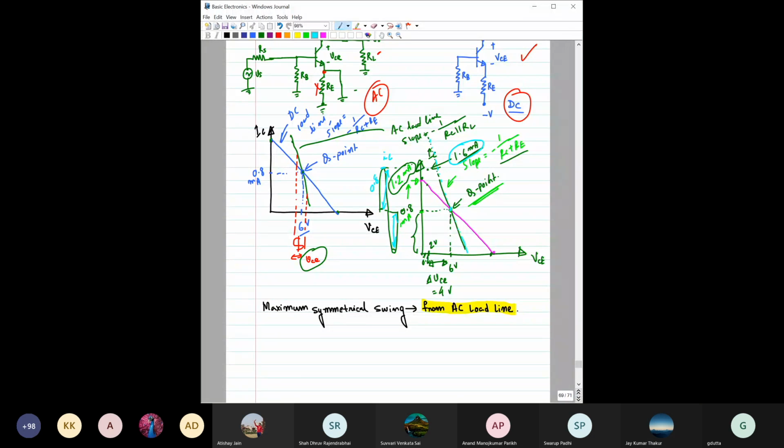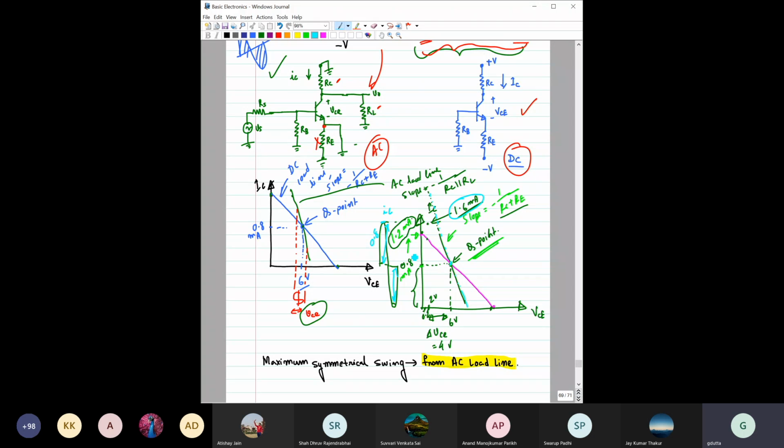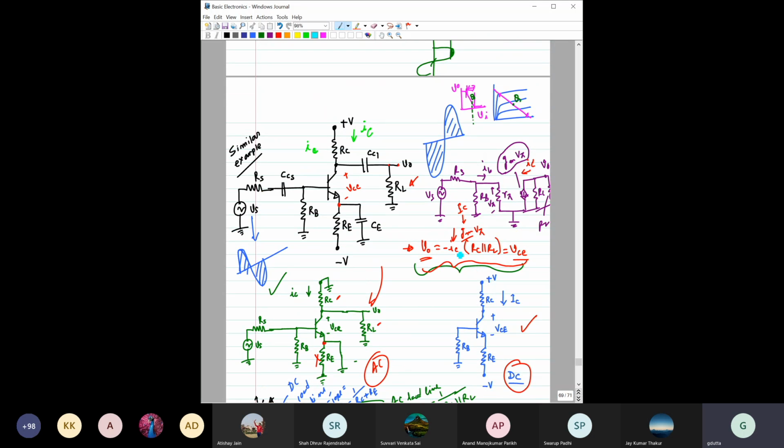Okay, sir, understood. But sir, IC should be less than the DC current. Why should it be less than the DC current? Sir, from the beginning we are assuming it is a small signal, but this also depends on the slope, and on the values of gm and g_pi of this transistor.